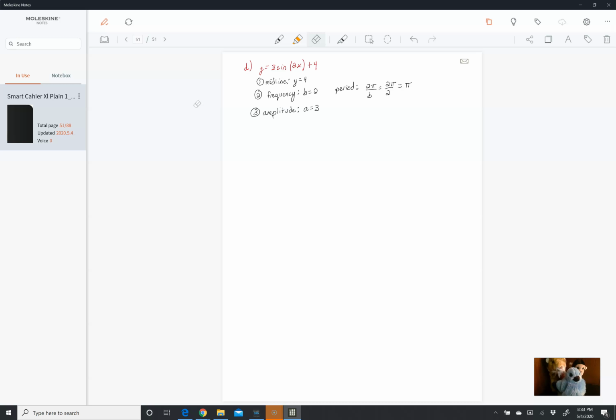Okay, so we're going to draw our axes, and we know that our midline is at 4, so we have to keep in mind that we need a lot of room above the x-axis, just to help you figure out how to draw it. So I'm going to put my x-axis down here. Our midline is at y equals 4.